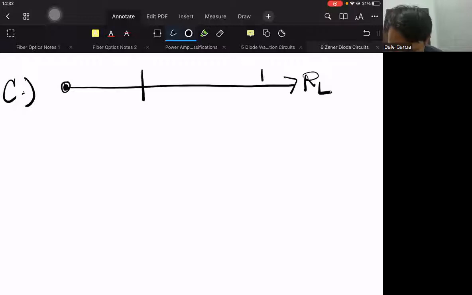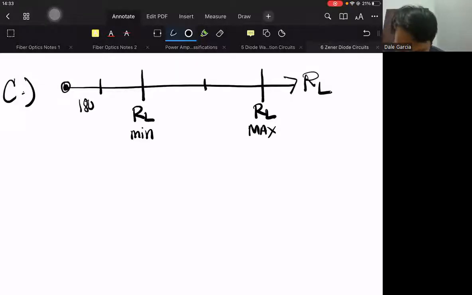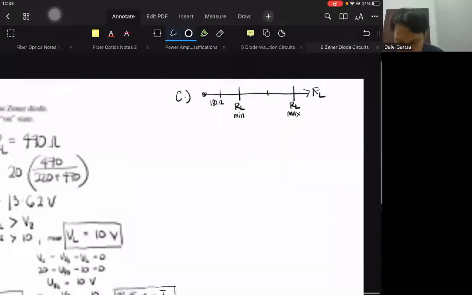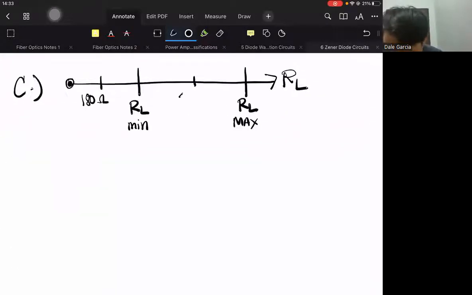Maybe they fall on these lines: 180 ohms here, and 470 ohms somewhere in between.